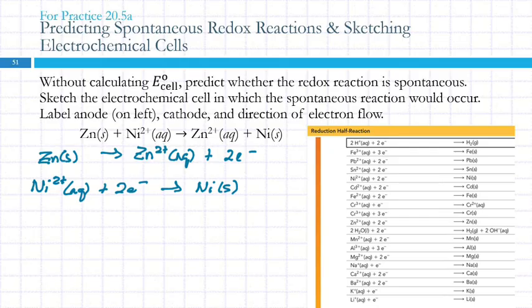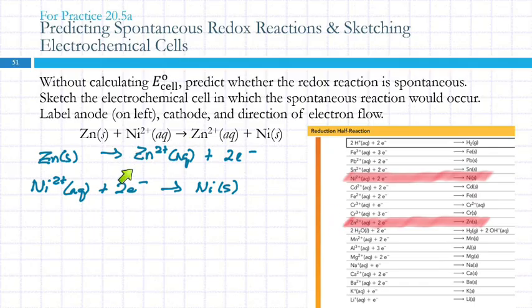So we find these in here. Zinc, where'd you go? There it is. There's zinc, right? And then where's nickel? Above it, they're here. So the zinc would have to flip in order for this to be spontaneous.